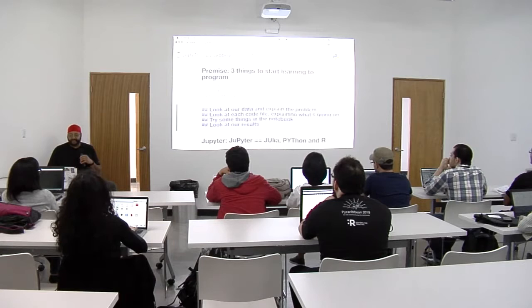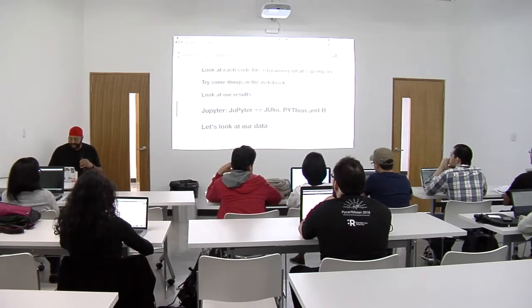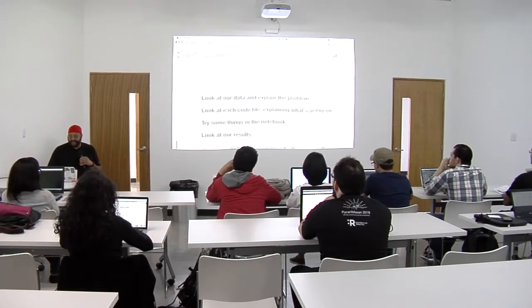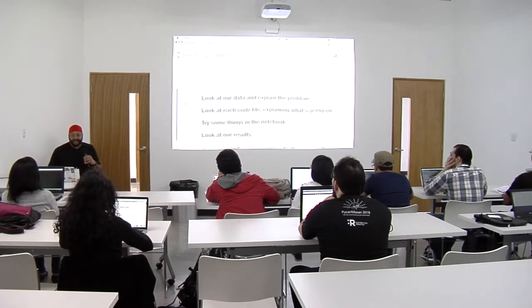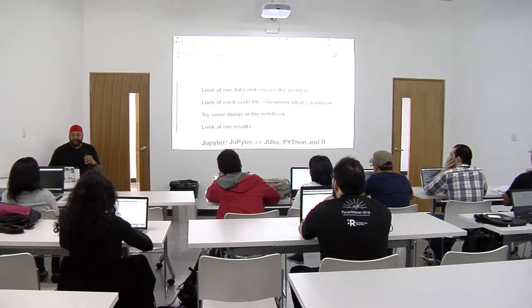So the next thing that we're going to do is take a look at our data and explain the problem that we're actually working on. If you're programming, you're trying to solve some sort of a problem. And then there are a number of different code files, and we'll look at each of those.